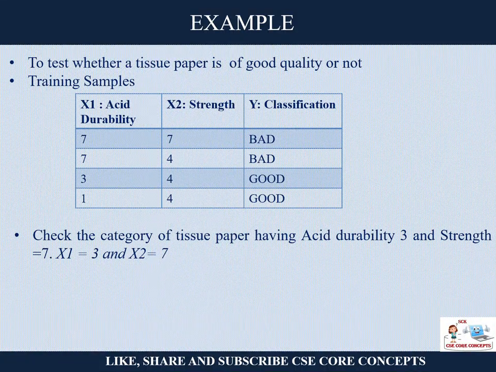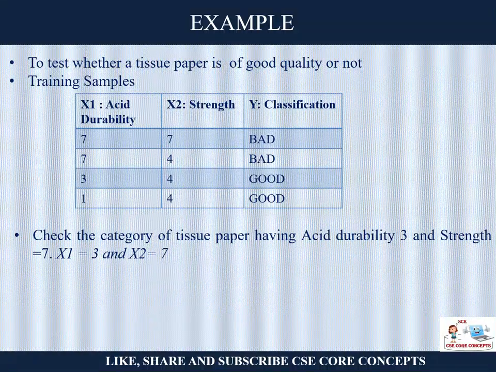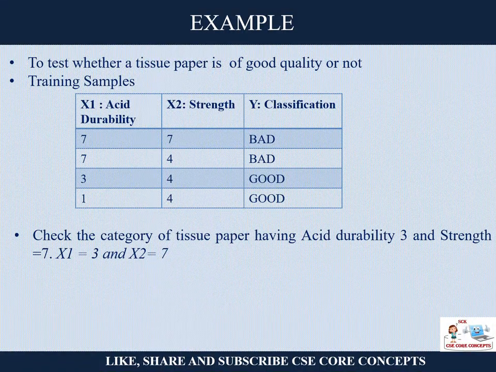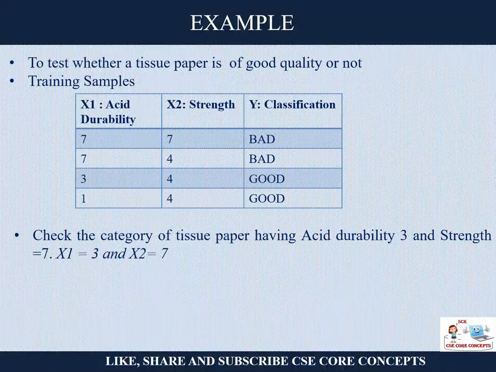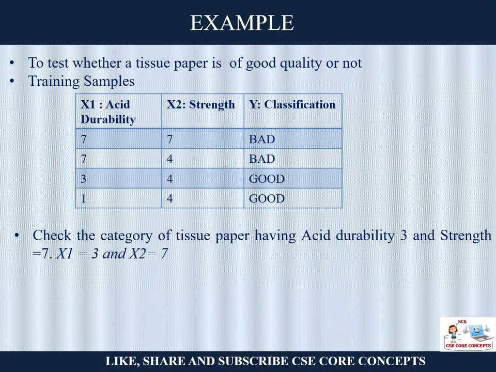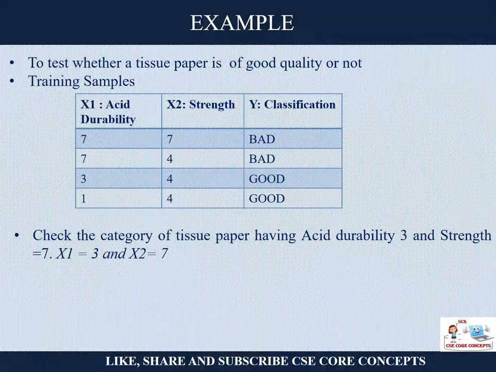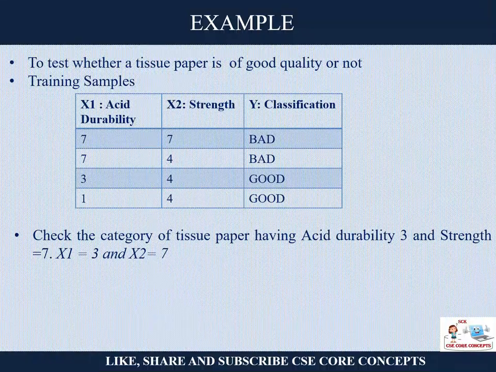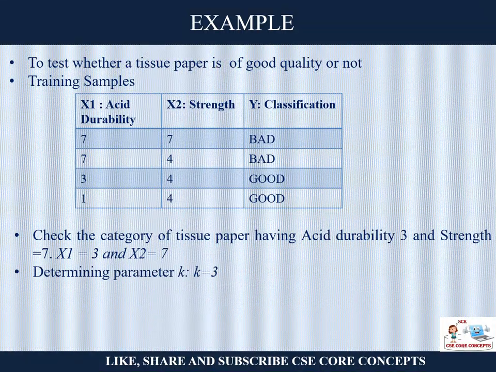Now tell me what is the quality of the tissue paper, good or bad? That I have to find out. The values given in this table are training samples, and the question given to you, acid durability 3 and strength 7, is the testing data.